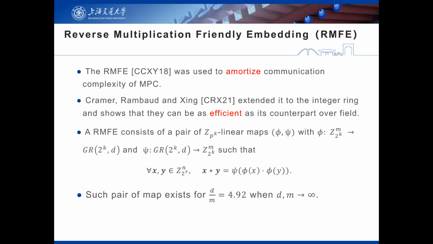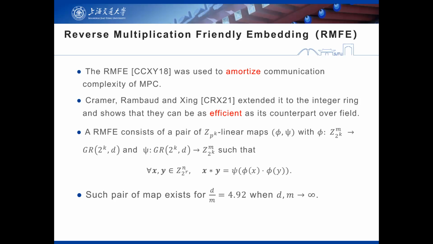And also we may need to calculate the ratio. The ratio means that because we embed some vector into a big Galois ring, they will have some loss, and the loss is roughly 4.9.